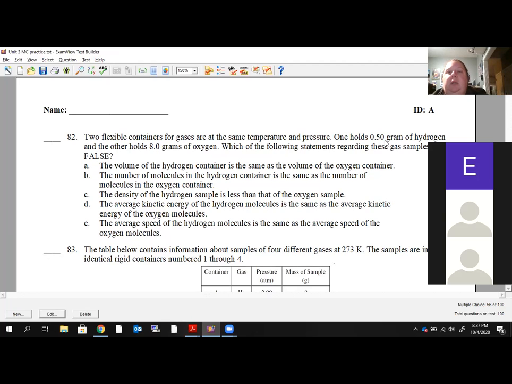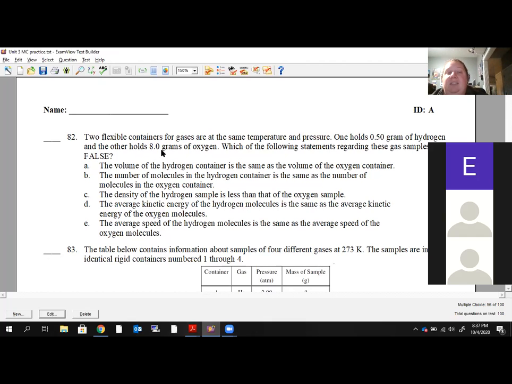So that would be basically 1/4 of a mole of gas, right? Yeah. And same thing for oxygen. If I have 8 grams, the molar mass of oxygen gas is 32, so that's also 1/4 of a mole.